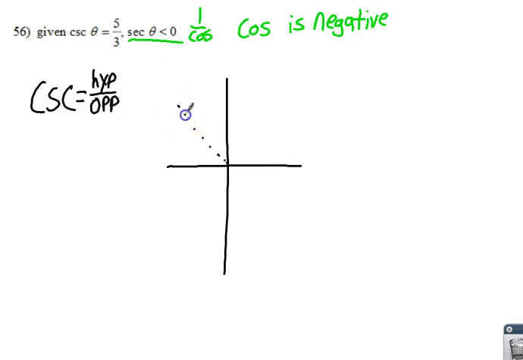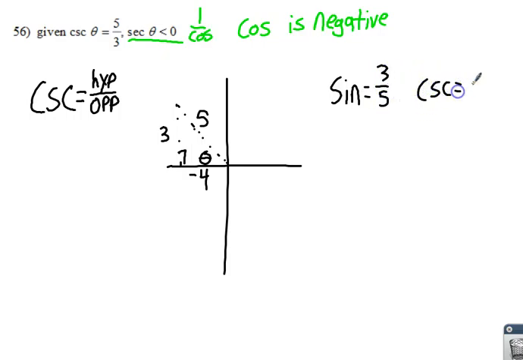So I draw my right triangle. Boop! My theta. I get hypotenuse. I get opposite. We should all know that's a 3, 4, 5 right triangle. And then I go ahead and define the rest of my trig functions. I automatically should know what sine is if given cosecant, because they're the reciprocals of one another. I know what cosecant is because, well, they told me that.